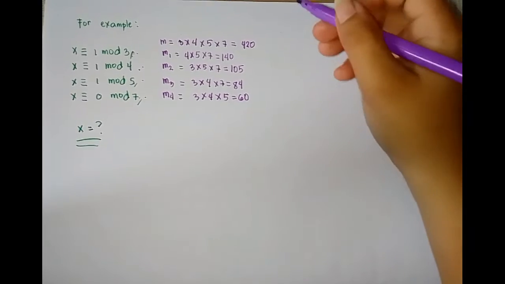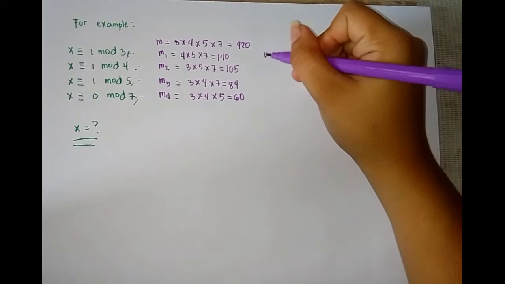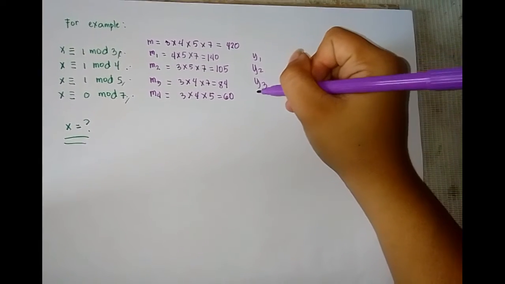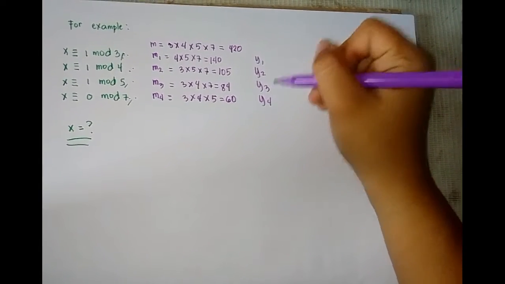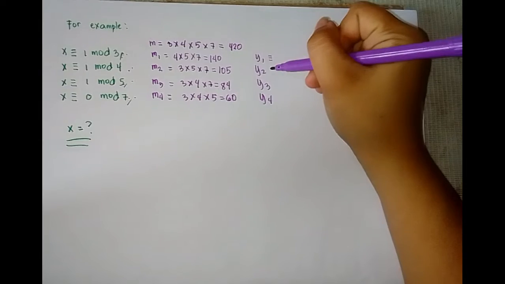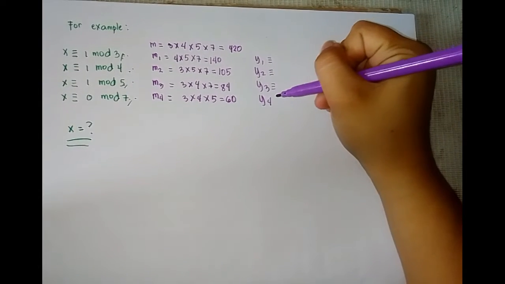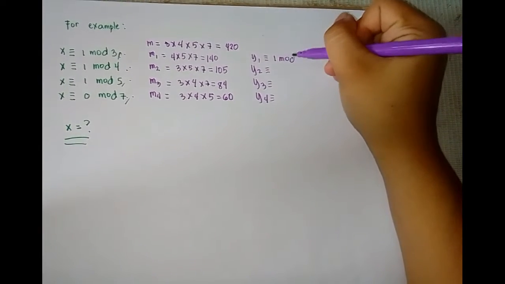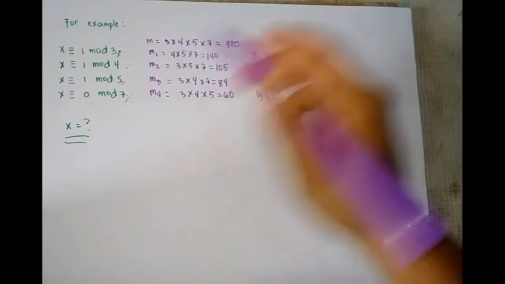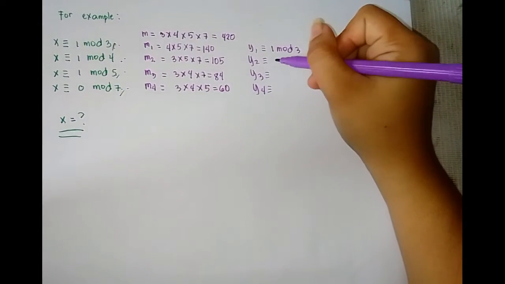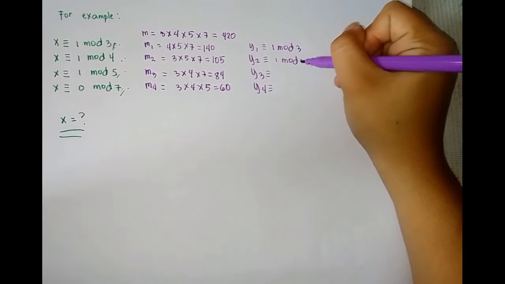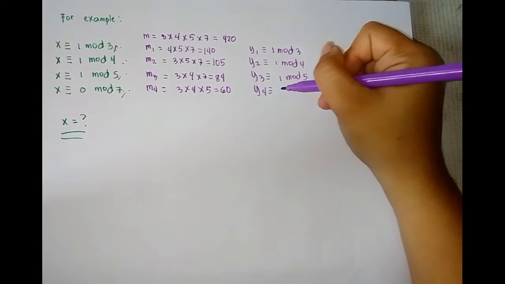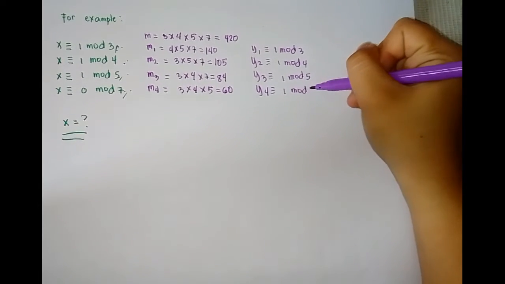Our next step is to find the values of y1, y2, y3, and y4. That is equivalent to 1 mod. We'll copy the given modulus. We have 1 mod 3, 1 mod 4, 1 mod 5, and 1 mod 7.